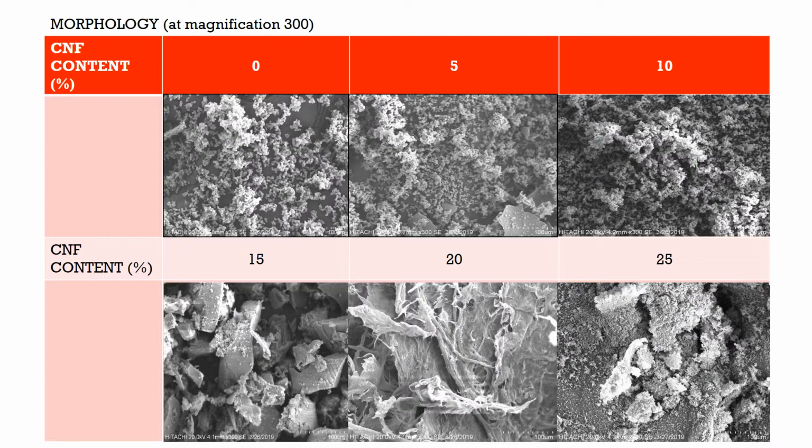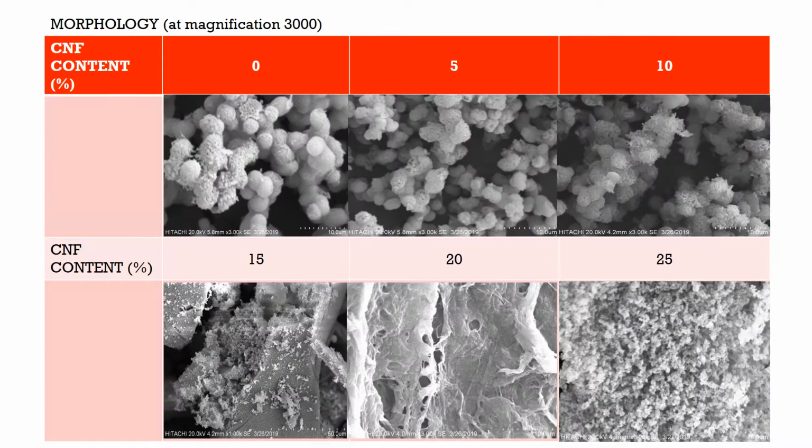And for the CNF content, it was observed that the bioactive glass at 0 CNF had no CNF architecture, whereas at 5 it was more dispersed, whereas at 10 it seemed to have many bioactive glass particles. Whereas at 15 to 25, there seemed to be a surplus of CNF particles compared to the bioactive glass particles.